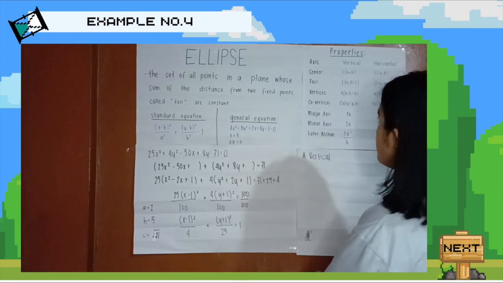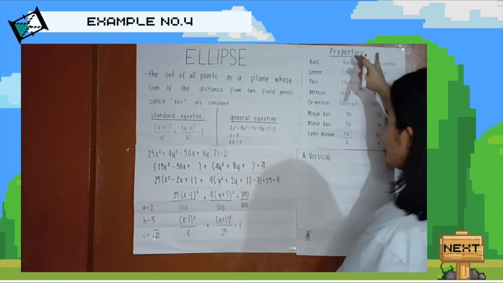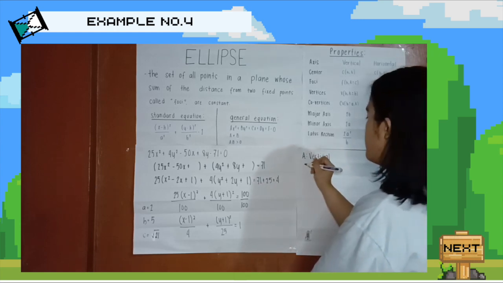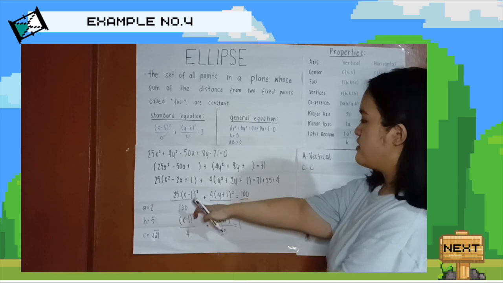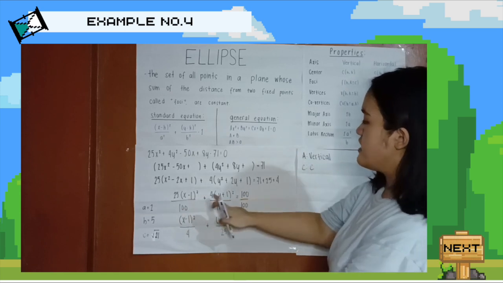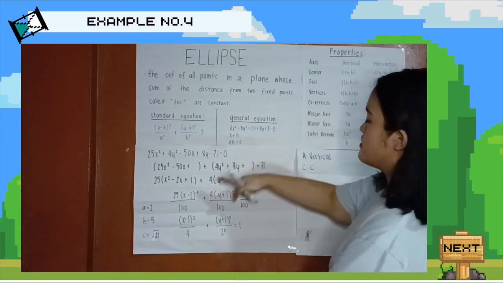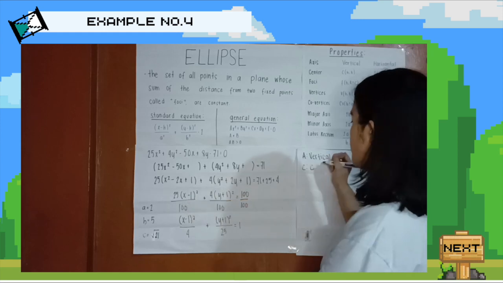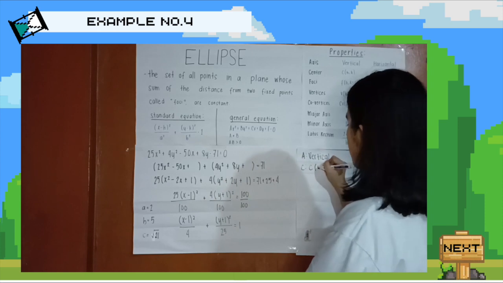And to solve for center, we will be referring to this table. So this is H and this is K. So center is H, comma K. So H is negative 1, but negative 1, so plus 1.